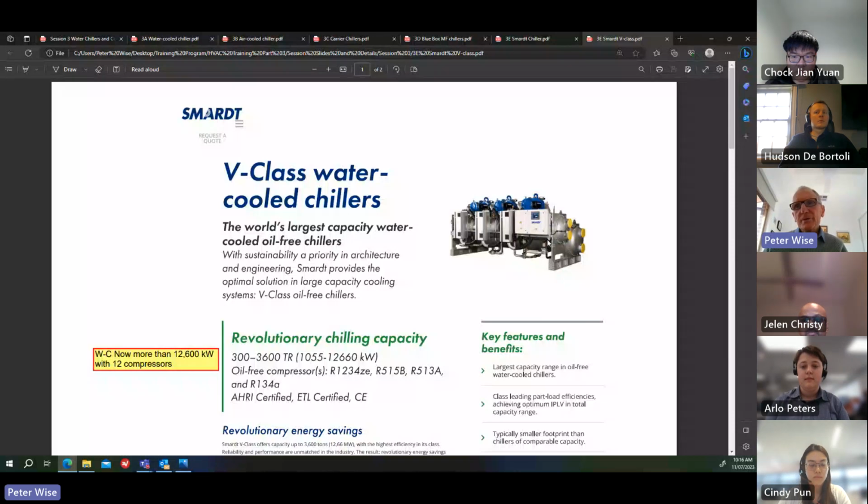With the yellow caps on the end, they actually appear to be stainless steel. Obviously, the caps are where the pipework connects to it. And these are the water boxes on the chiller. So the smaller one is the evaporator, the large one is a condenser. These are just standard water boxes. They're not marine water boxes that we've talked about before.